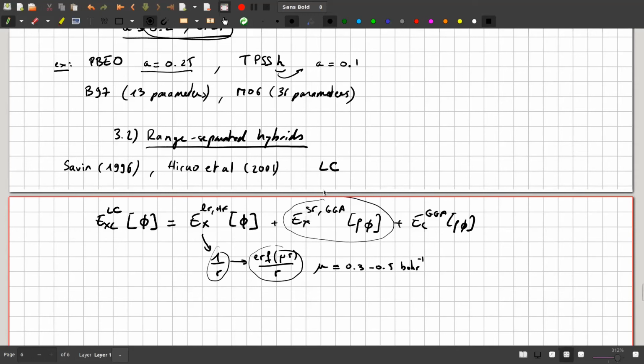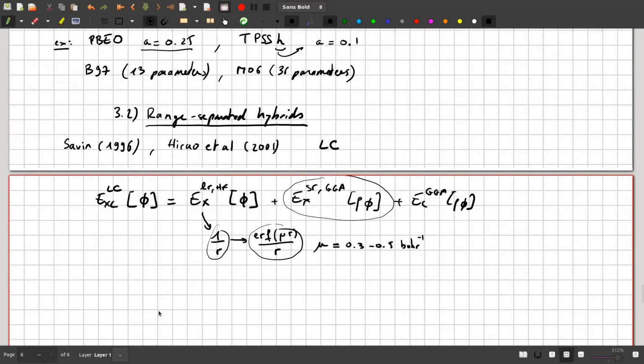So of course we have to define new approximations here, but this has been done. And for example, one popular approximation in this family is called LC-omega-PBE. Omega is another name for this range-separation parameter mu.